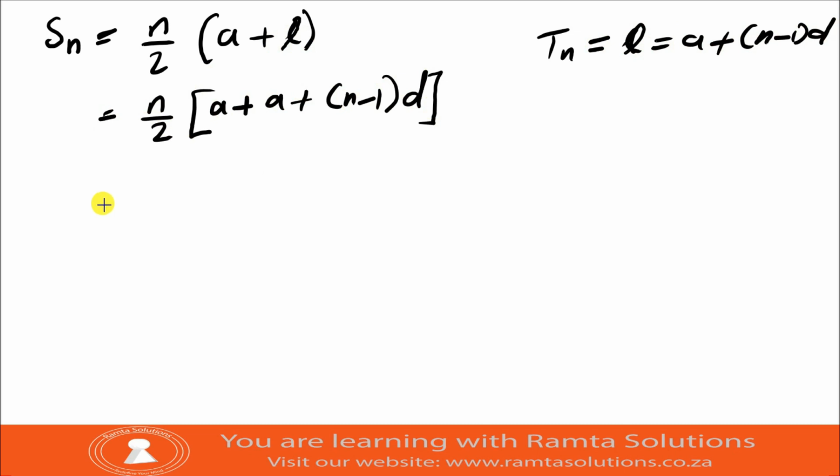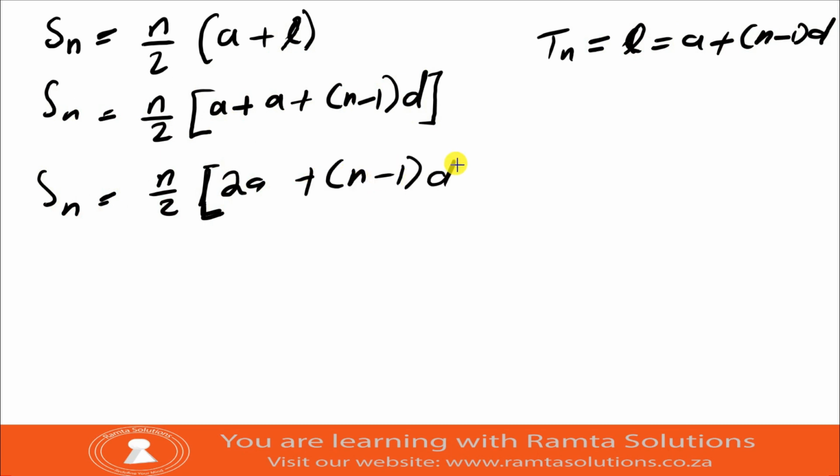Now, this further simplifies to n over 2 times 2a, a plus a is 2a, plus n minus 1 times d.